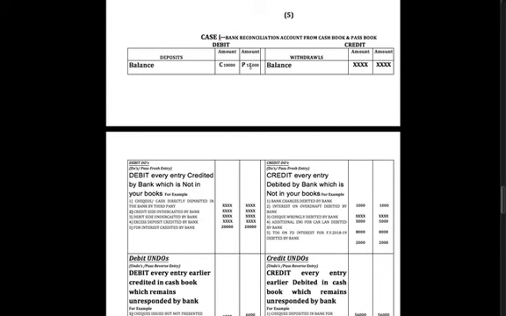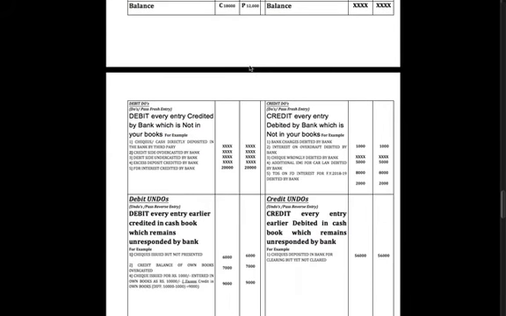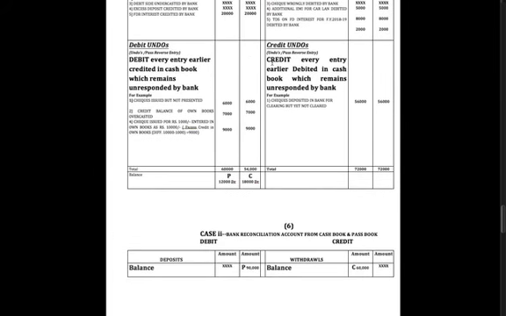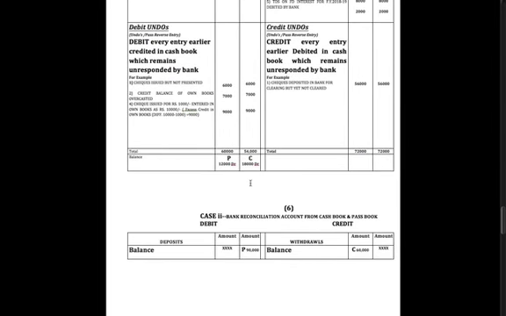So the closing balance, 72 minus 54, the credit balance, is as per passbook. So once it is credit from passbook, that means it is debit from your cash book. So this is again scientific, no trick. Okay, so now I come to case 2.